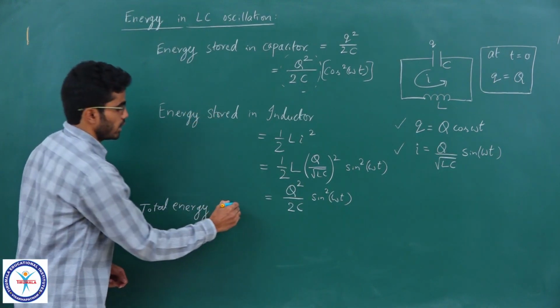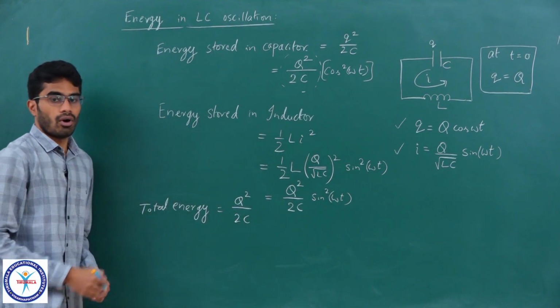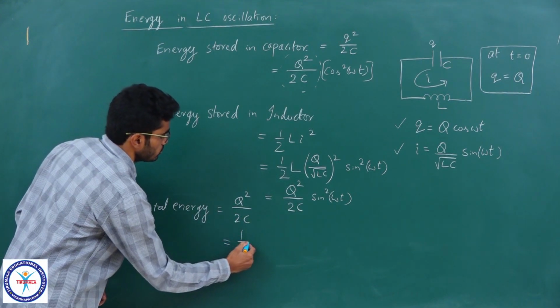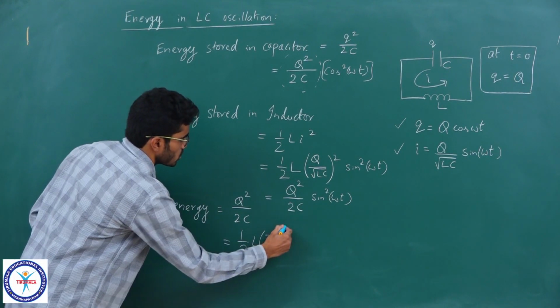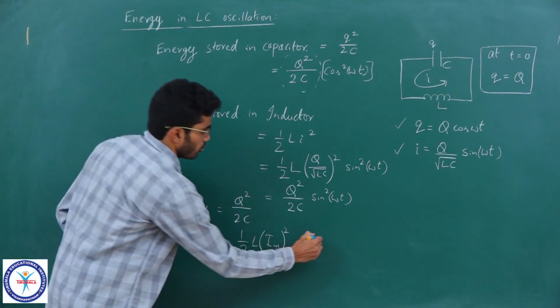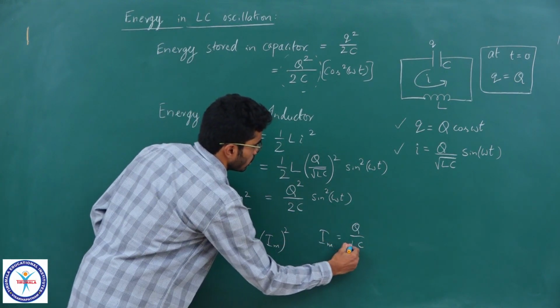adding these two, you will get q square by 2c, or you can write it as half L I maximum square also, and I maximum here is q by root LC.